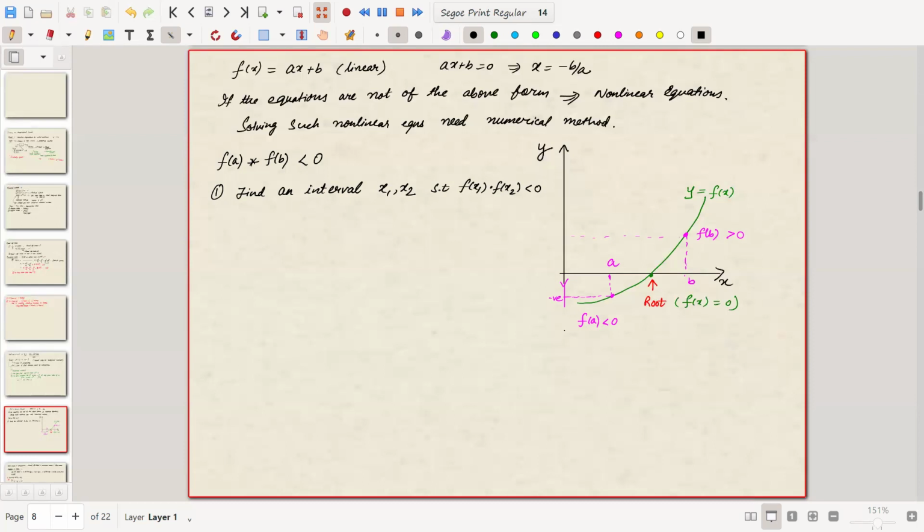Note that if you have this condition, that is one is negative, one is positive, then by the intermediate value theorem, I think many of you might have known in your class 12th, if you have a continuous function, and in that continuous function you have a value less than 0 at one point and a function value greater than 0 at another, then there exists a point in between those two where f should be equal to 0.